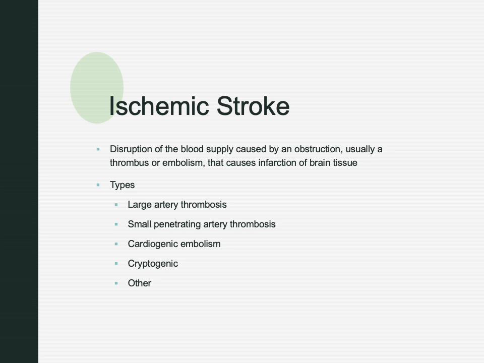Cardiogenic is specifically related to AFib and valve problems that we were talking about, where blood's just sitting in the heart and clotting and then finally getting squeezed and circulated out, then causing a stroke. There also can be cryptogenic, where we just don't know why. Cocaine, blood and clotting disorders, migraines, vasospasms, all those can cause ischemic strokes.